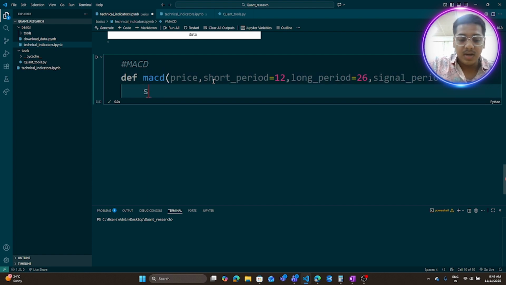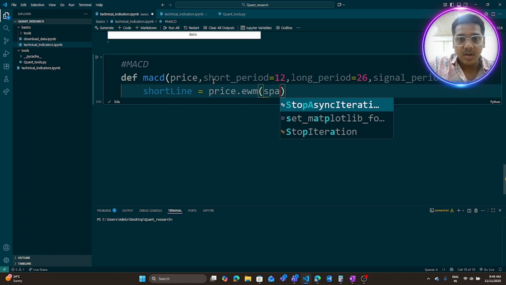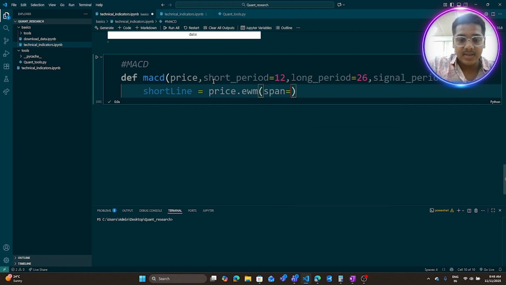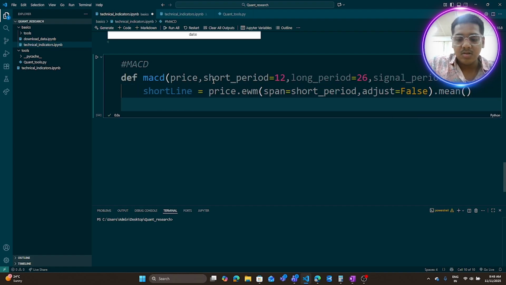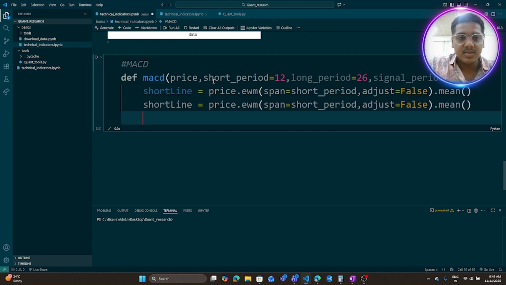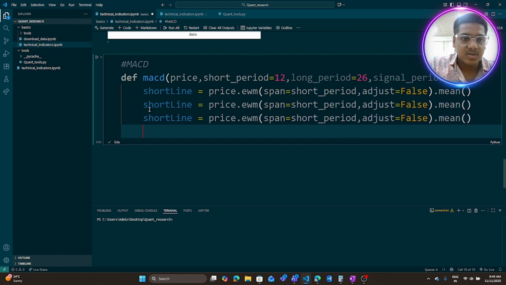Now we'll find the short line. What is the short line? Short line is basically price.ewm, then I'll enter span as short period, adjust as False, and then we'll do mean. You can directly copy it as we will require it multiple times.